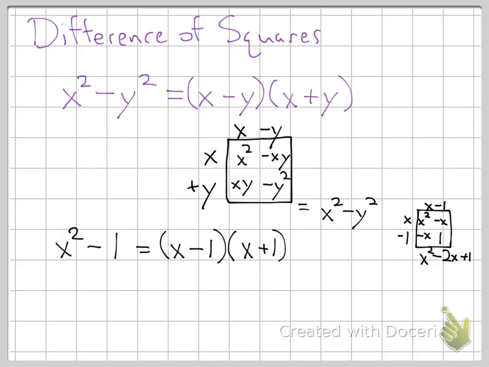Okay, well let's add a little more to it. Let's go now x squared minus 49. What's that going to be? X minus 7, x plus 7. Okay, x minus 7, x plus 7.